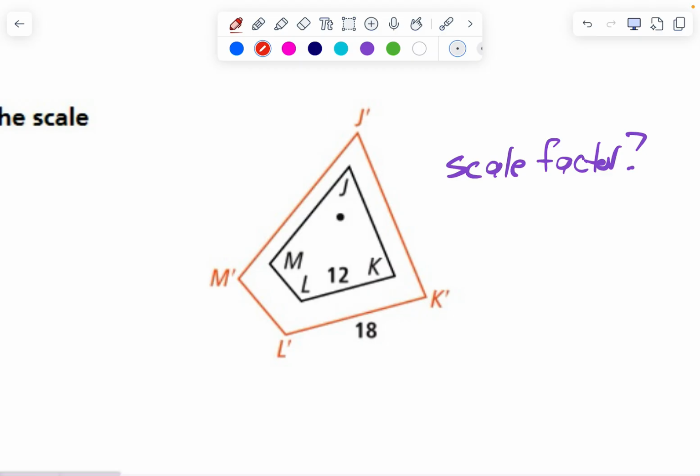Okay, everybody say, what's the scale factor? 1.5 or 3/2. Why? Which direction are we going? 12 to 18. It's 2/3 if we went the other way, right? If all the little tick marks, all the primes, were on the black figure, then we'd go the other way.